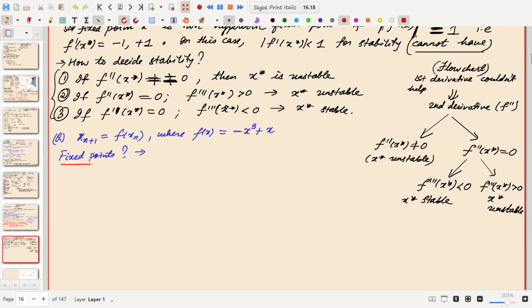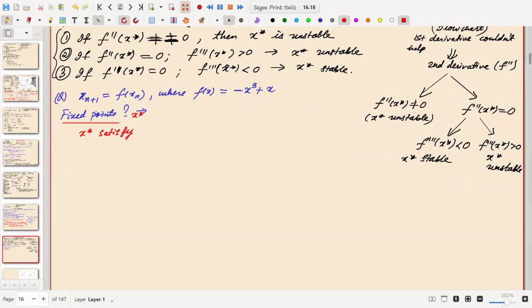Fixed point x star satisfies this. See how I am writing this, step by step. Try to write that. Don't skip any steps, because it is just simple algebra. It is tempting to skip steps, but don't skip steps. Most important.